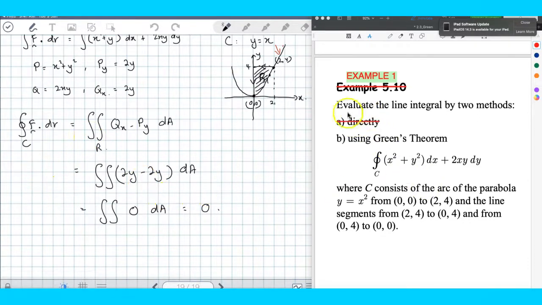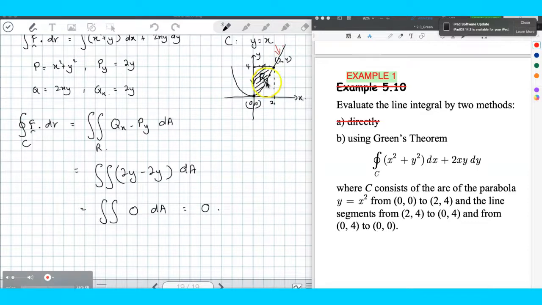But if you look at the first instruction here, I could ask you to evaluate directly using the standard calculation of the line integral, where you have to find the line integral for each curve.